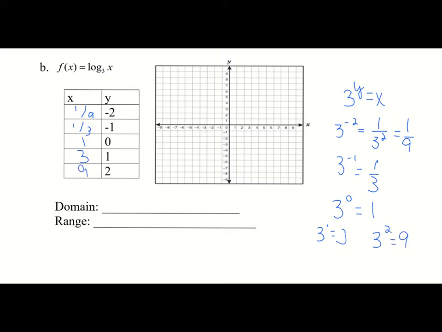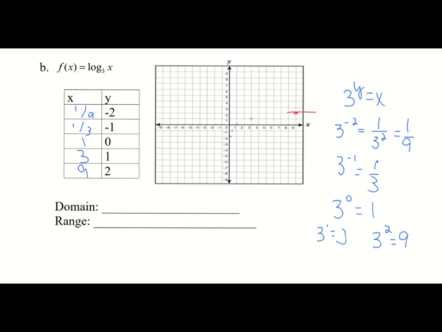So now we're going to go ahead and graph this. It is going to be very hard to put that 1/9, negative 2, but we'll try it out right there. 1/3, negative 1, it'll be like right there. 1, 0 is right there. 3, 1 is right there. And then 9, 2 will be right there.